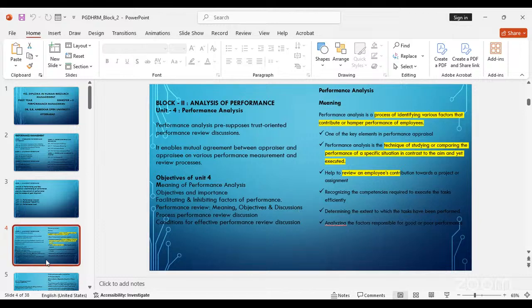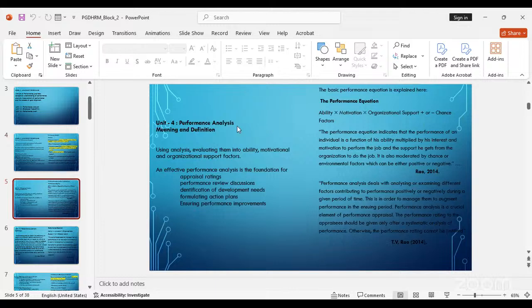This is going to be a great help to understand what employees are supposed to achieve. That can be done by using analysis, evaluating their abilities, their motivations, and organizational support factors.